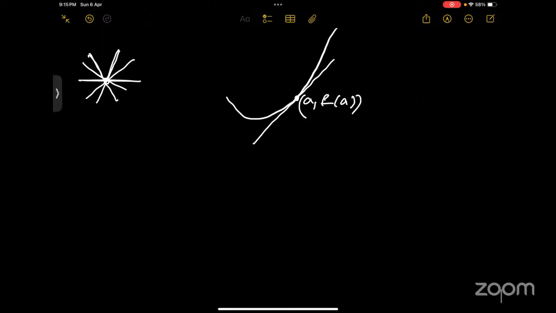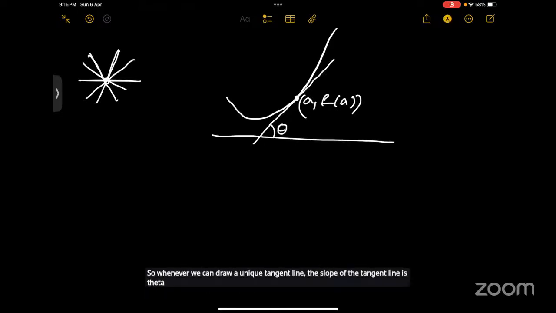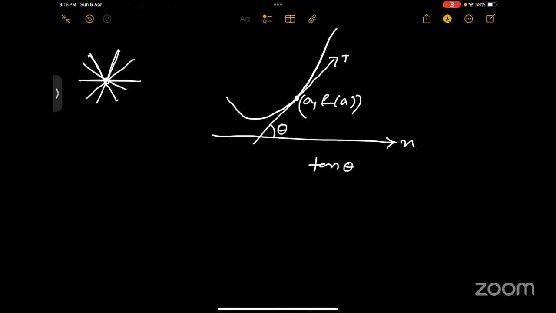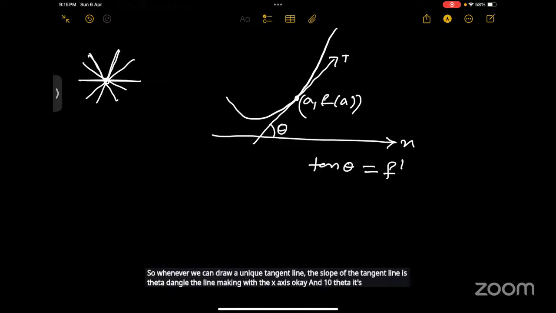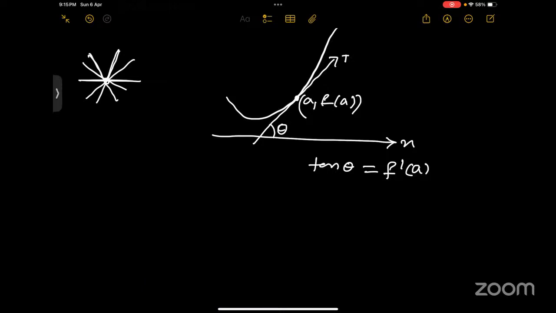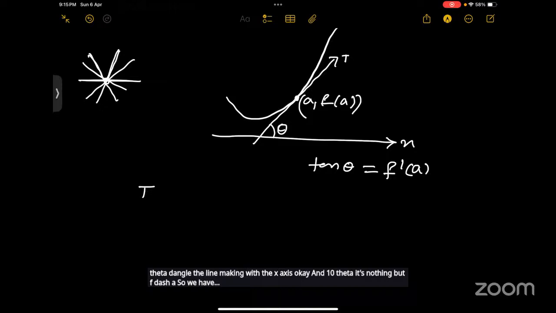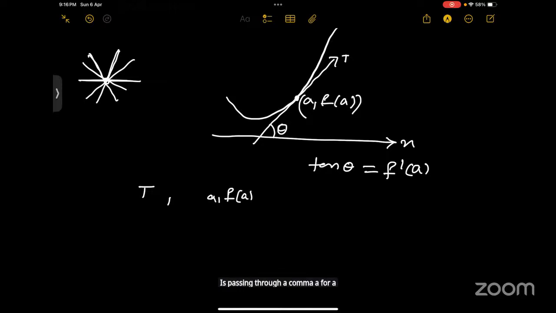So whenever we can draw a unique tangent line, the slope of the tangent line is tan theta, theta being the angle the line makes with the x-axis. Okay. And tan theta is nothing but f dash a. So we have the tangent line T, a line passing through (a, f(a)) with slope f dash a.